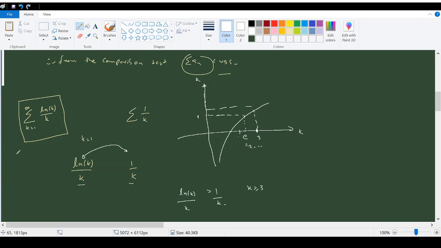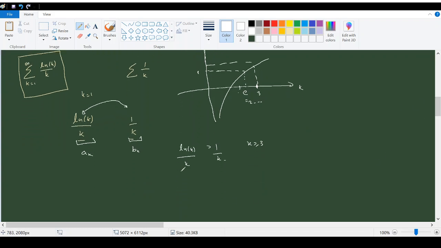So if we consider this as bk and this as ak, we have a comparison between the two terms, but starting from k greater than or equal to 3. So we have ak greater than or equal to bk for k greater than or equal to 3.